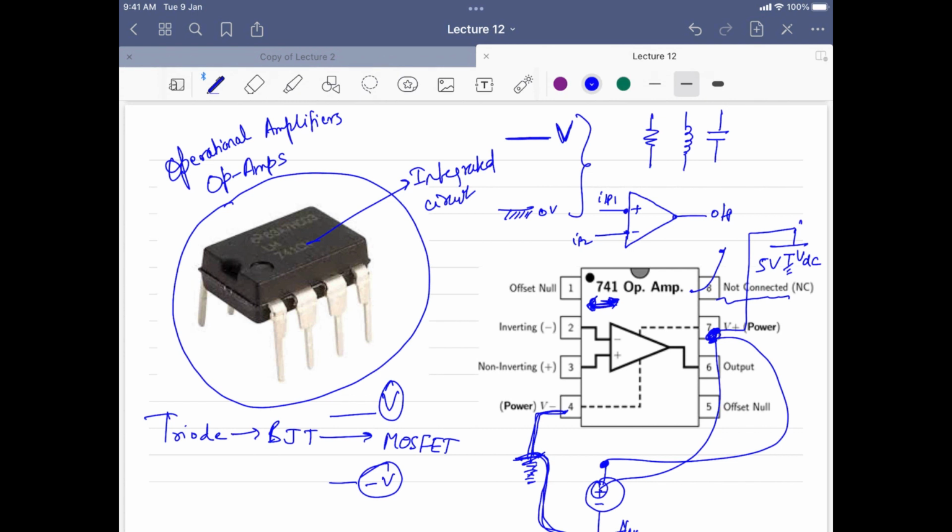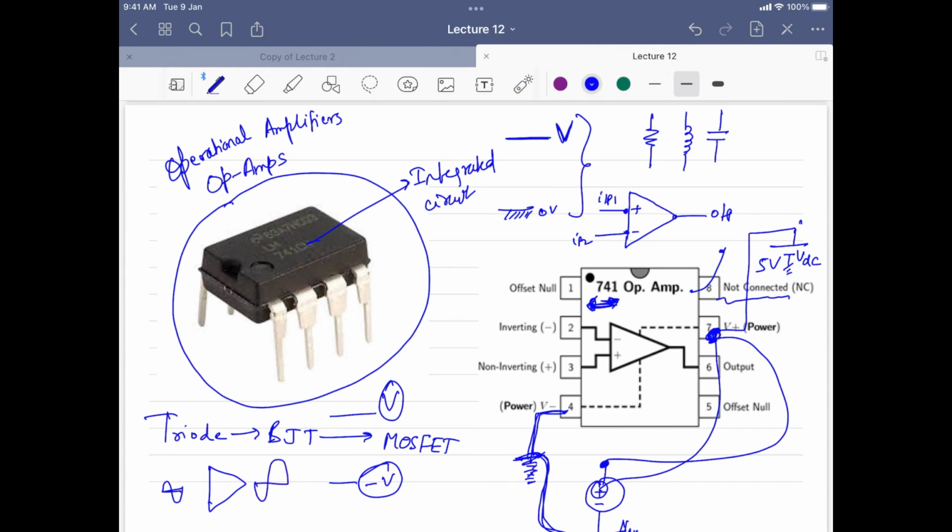Sir, can you explain inverting and non-inverting once again? Yes. Inverting, in simple terms, means if you apply a signal like this, you get a signal which is inverted like this.